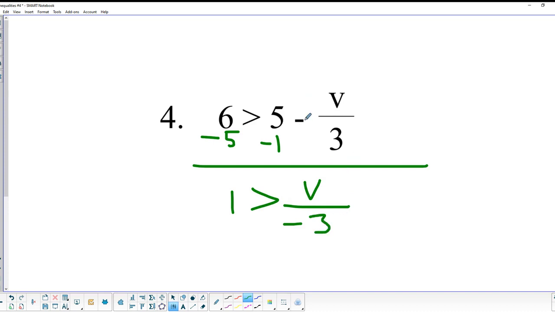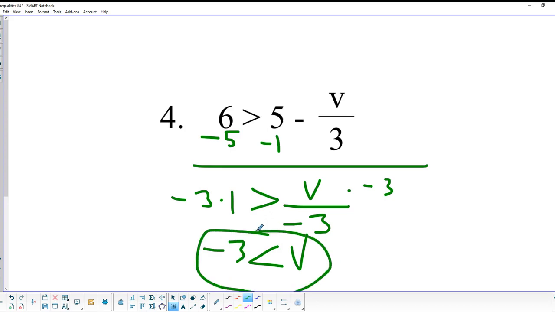Not sure if you could recognize that, but that's what we have. So we multiply both sides by -3 to solve, and the inequality symbol flips around the other way. -3 times 1 is -3. So there's that one.